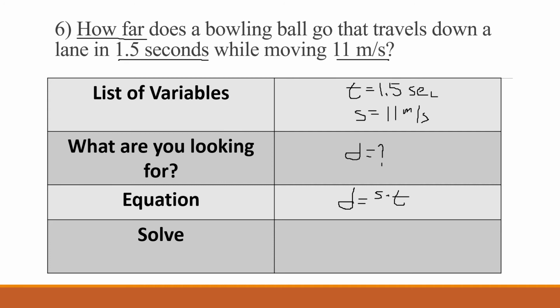I am simply going to multiply these numbers. The speed is 11. The time is 1.5. And I do in fact get 16.5 meters. Do not be afraid of using your calculator. That's it.